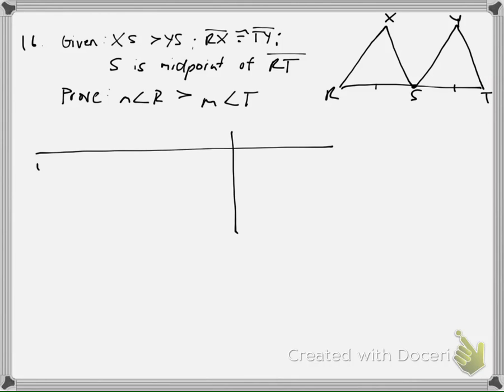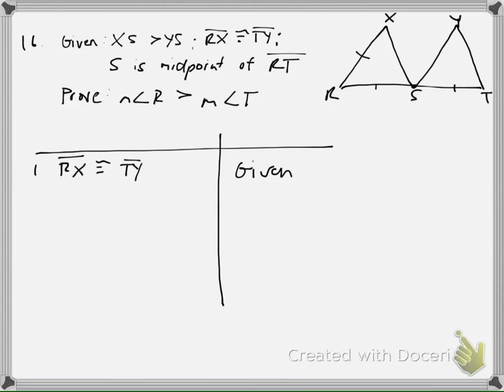Number 1 is RX is congruent to TY, and that's the given. So we'll just transfer that over to our triangle right here, RX and TY.